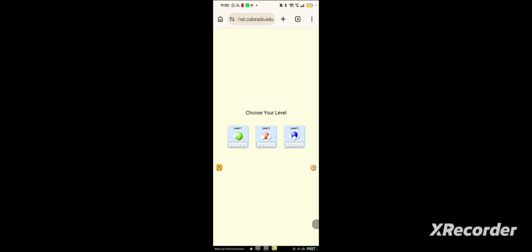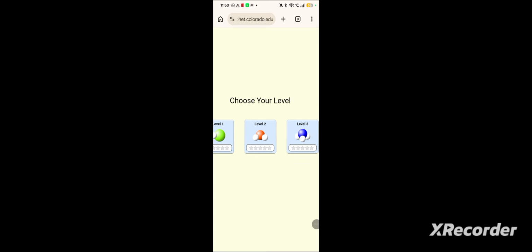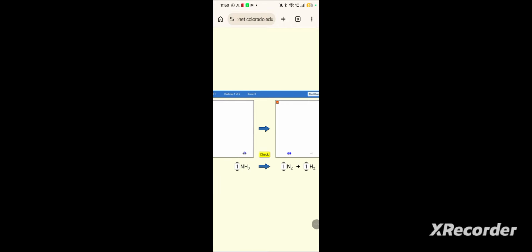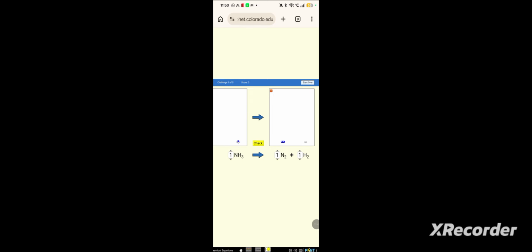Now there is a game here. We can choose the game. Now we choose level 1. Here is a question: ammonia gives one molecule of nitrogen and one molecule of hydrogen. Now check this equation. Is it balanced or not? Not balanced. So we have to balance this equation.